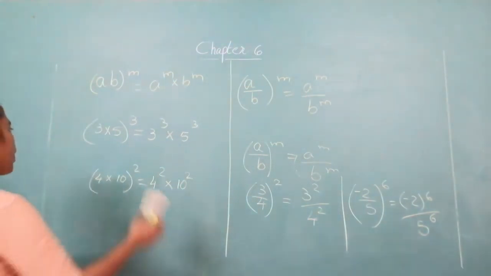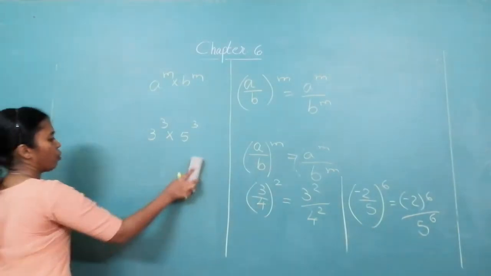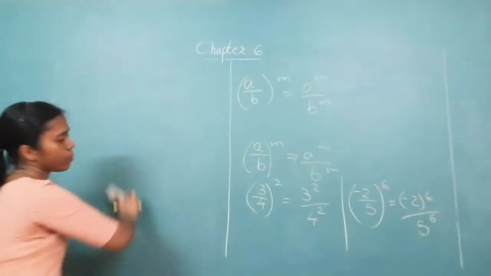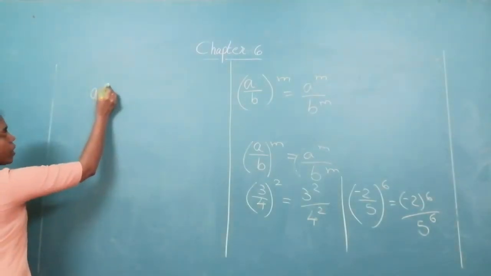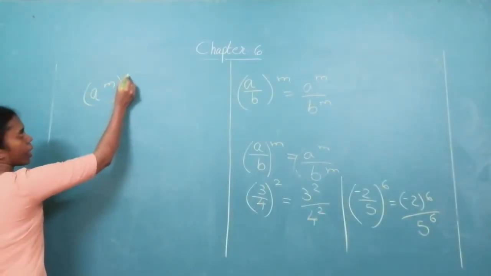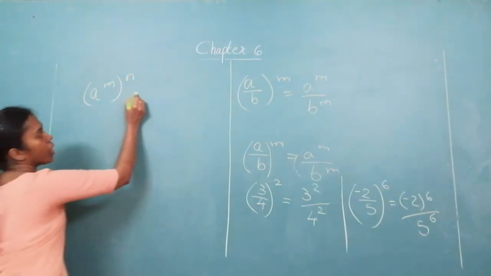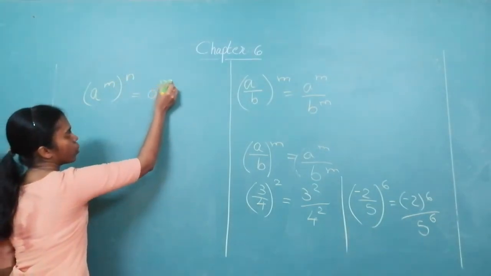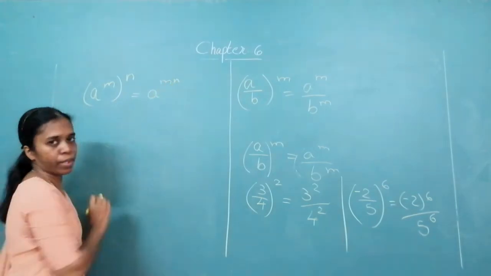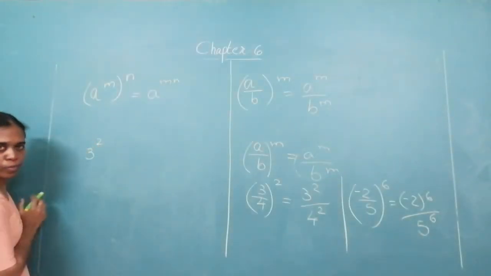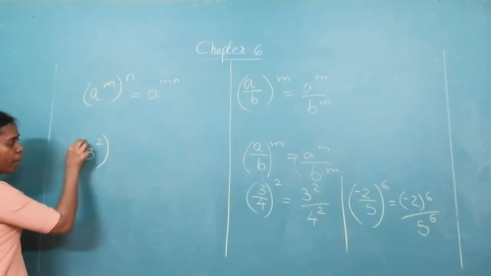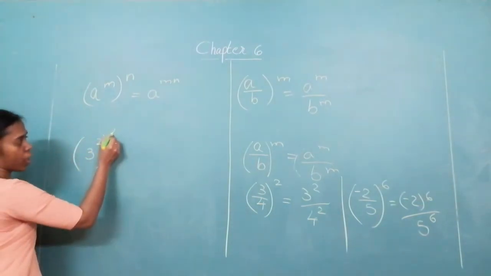Similarly, we also have one more formula over there. (a raised to m) raised to n is equal to a raised to m into n. That is, suppose I have 3 raised to 2, in bracket, again raised to 4.